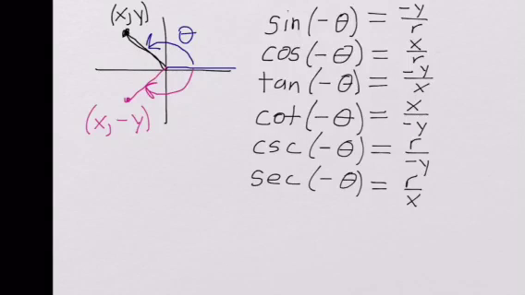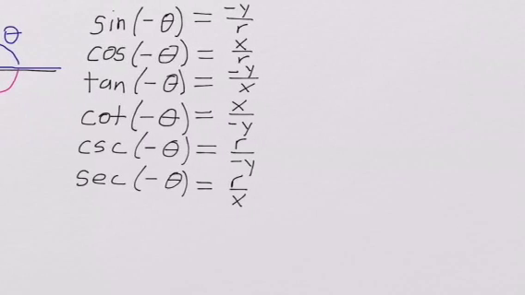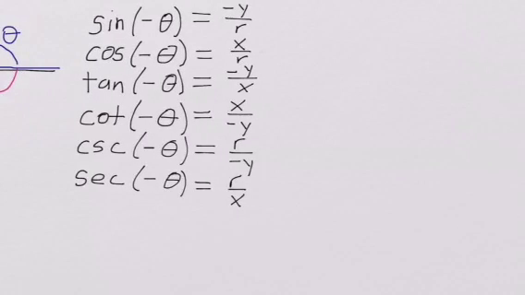Now, if I consider the definitions of the original angle, sine of theta is y over r, so I have the negative here, so sine of negative theta is equal to negative sine of theta. And that's going to be true for all of them that have a negative sign in there somewhere. So tangent of negative theta is the negative tangent of theta.